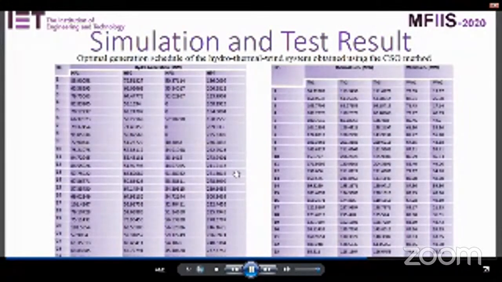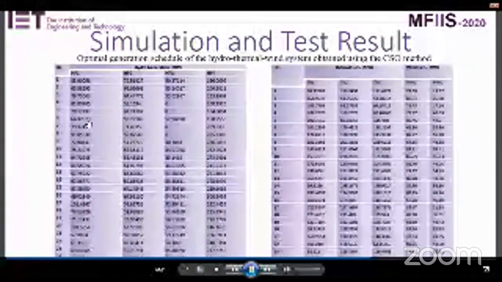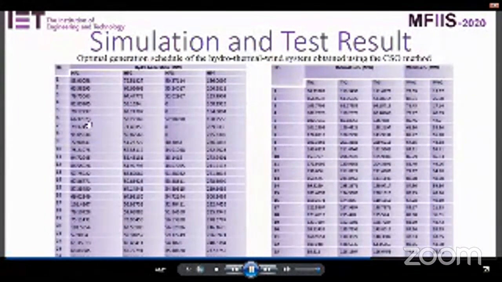The table on the left side represents the optimal generation schedule of the hydro system obtained using the CSO method, and the table on the right represents the optimal generation schedule of the thermal wind system using the CSO method.